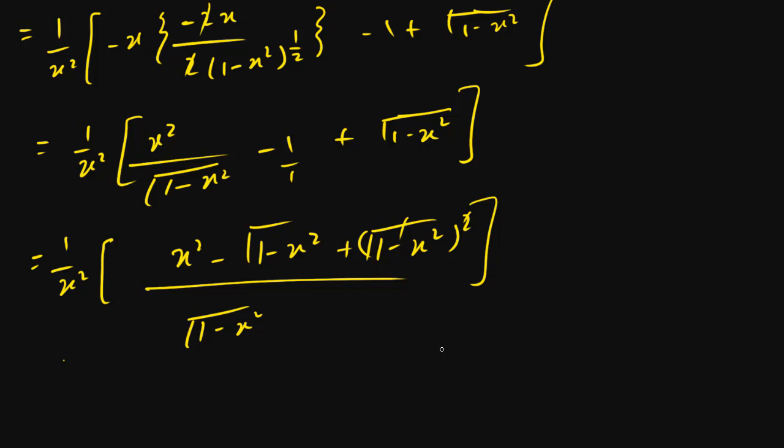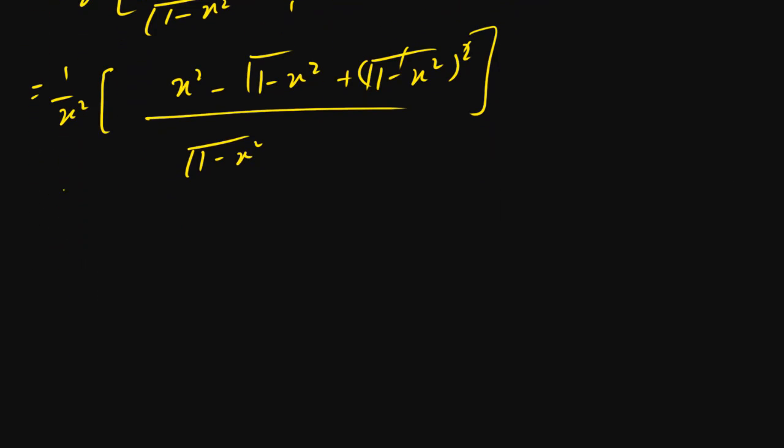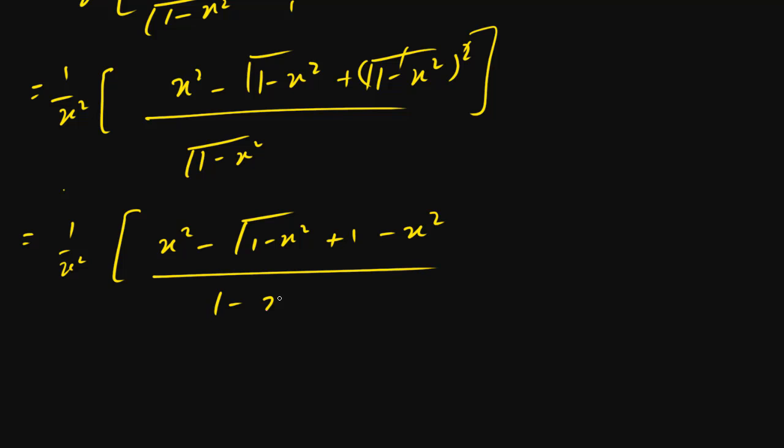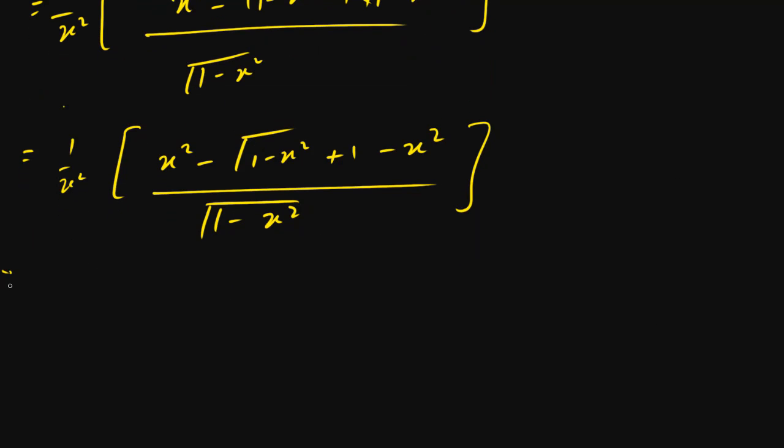Therefore what we will get is 1 over x square, which is equal to 1 over x square, and x square minus 1 minus x square, and we have here 1 and minus x square, and we have the square root of 1 minus x square. And next what we are going to do, we are going to write 1 over 1 over x square.